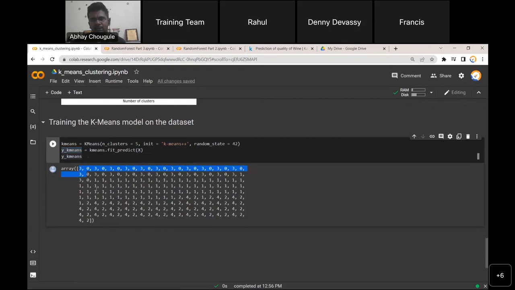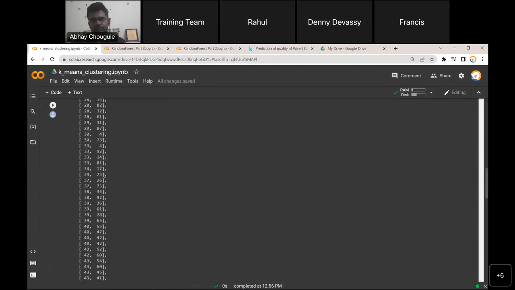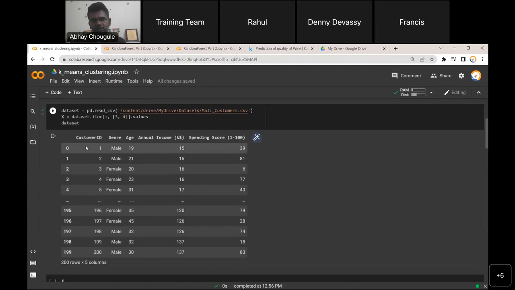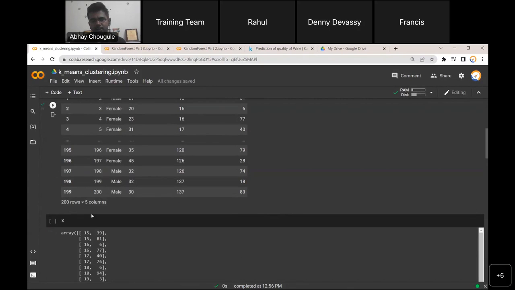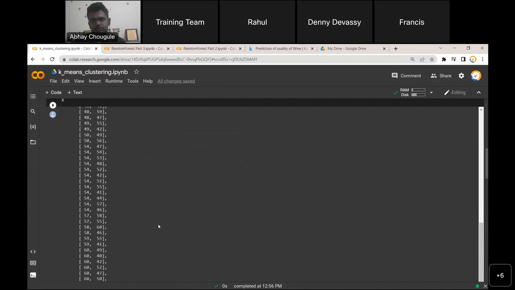See, the prediction point that we got is in y_kmeans. Y_kmeans is getting 5 clusters, 5 types. So each and every data point, all 200 data points, are getting into this.